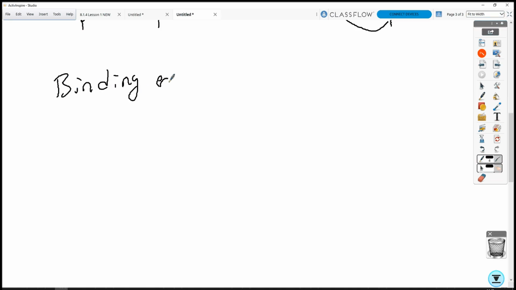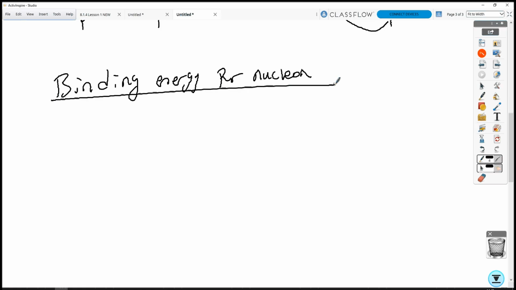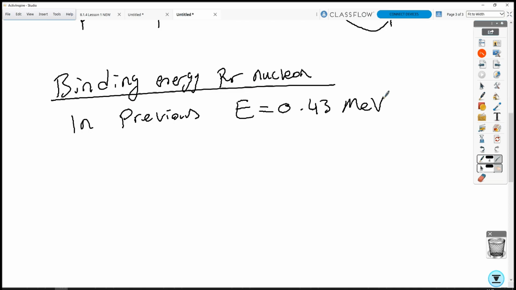So, binding energy per nucleon. Let's say, for example, in the previous case, which is what we did above, the energy is equal to 0.43 mega electron volts for 2 nucleons.